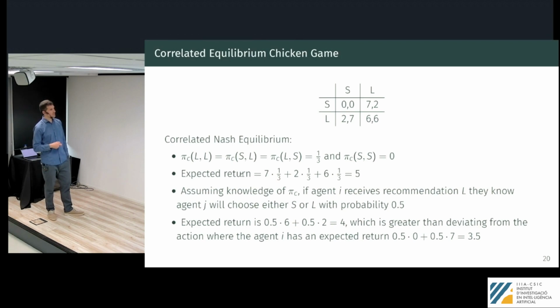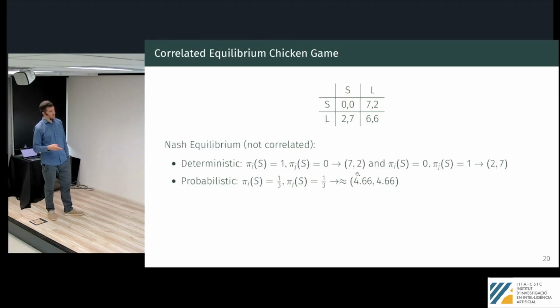If you do the expected return under this joint policy, which is straightforward to calculate, both of the agents get an expected return of 5. Previously this was either 4.66 or 7 and 2, but 5 is better.